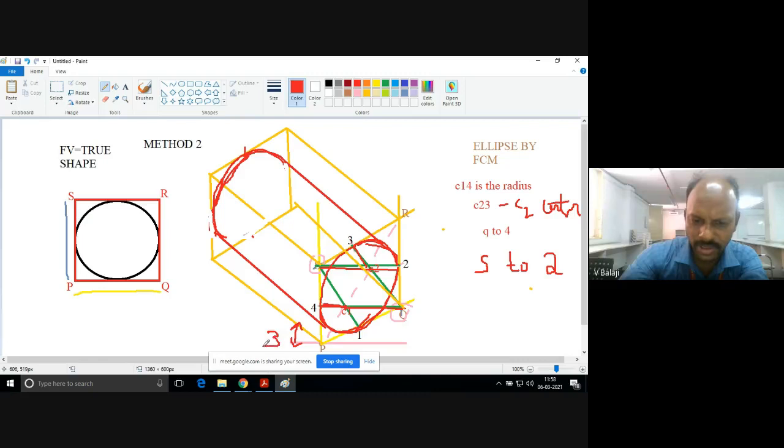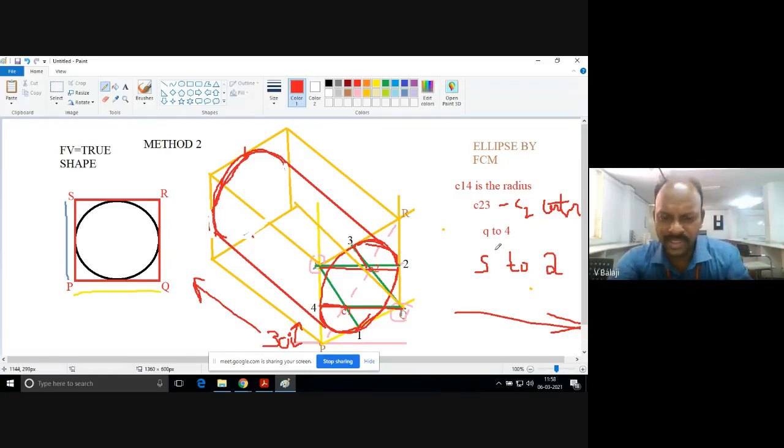Can you take the lines to the right hand side? Can you try the right hand side? That is also possible. Okay, I will show you. Is there any doubt up to this? Can I erase?